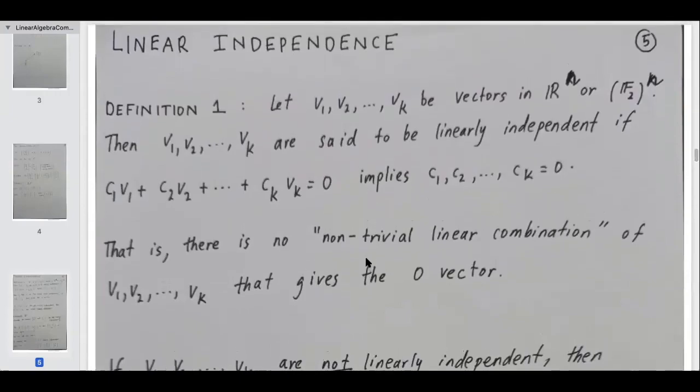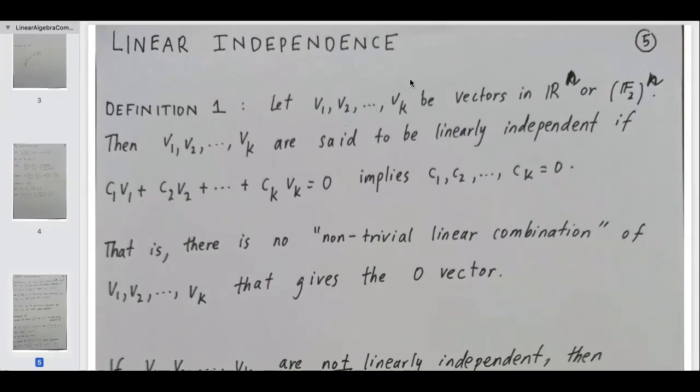So let us move on to the next important concept in vector spaces, that is of linear independence. So definition 1: let v1, v2, ..., vk be vectors in R^n or F2^n. So v1, v2, ..., vk are n length columns with each entry either in R or in the set 0, 1.